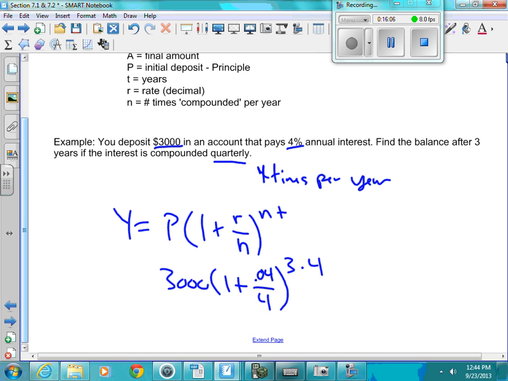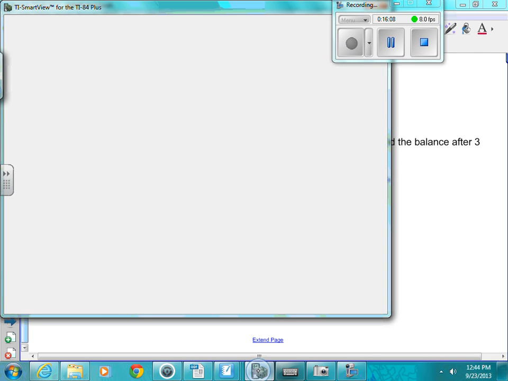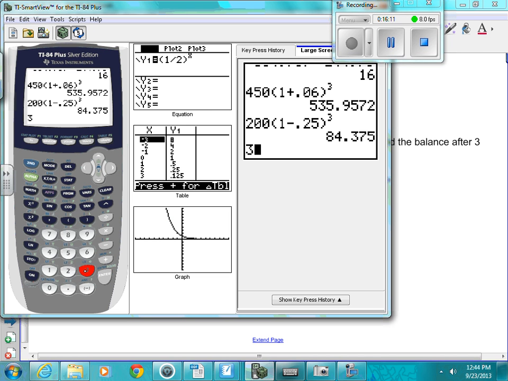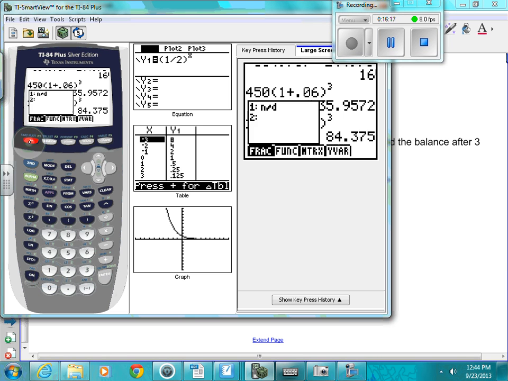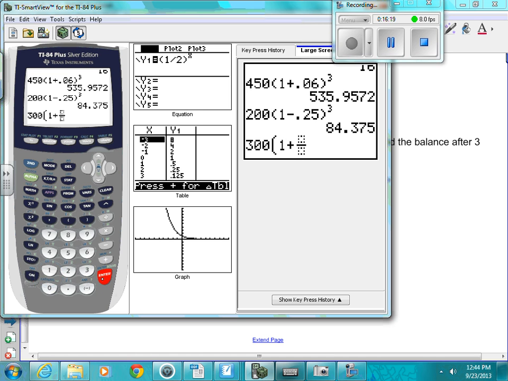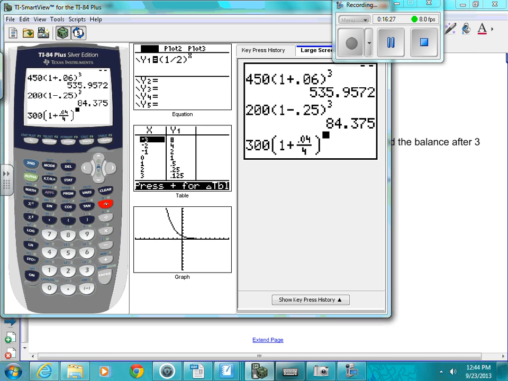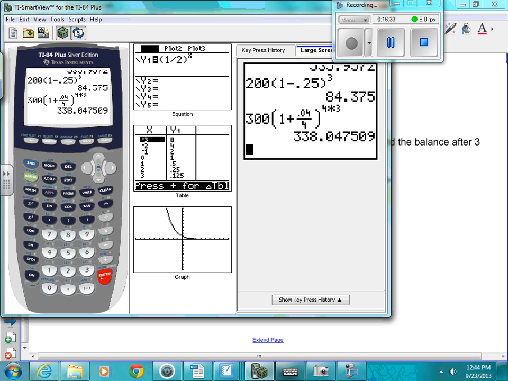So we can plug this in our calculator. And it's up to you whether you want to do it in chunks, but you can put it all in at once. I'm going to show you how. Alpha y equals, we can do a fraction, 0.04 divided by 4, all to the power of 4 times 3, which is 12. And we get, oops, what did I mess up on?